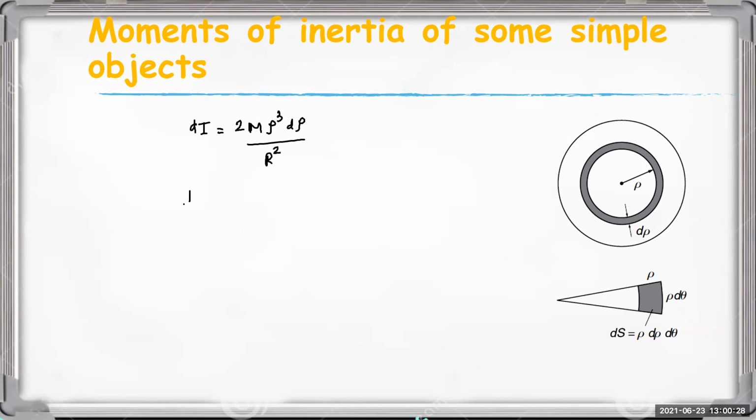Then the total moment of inertia, we write I is equal to integral dI. To obtain the total moment of inertia, we have to integrate it from 0 to capital R, that into 2m rho cube d rho divided by R square.